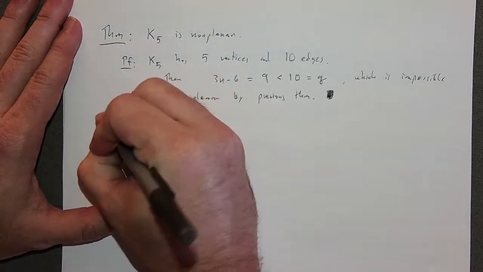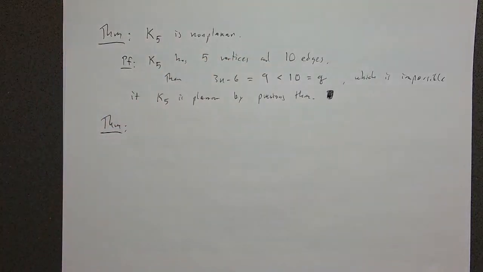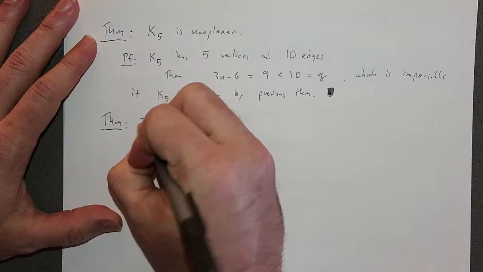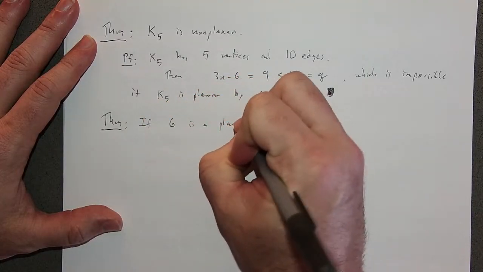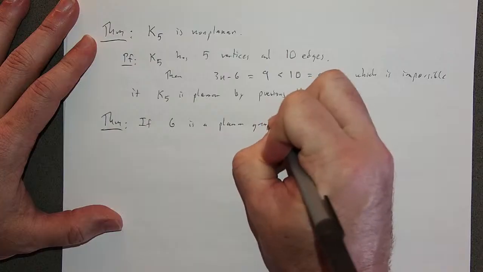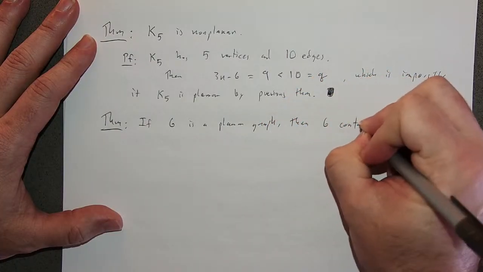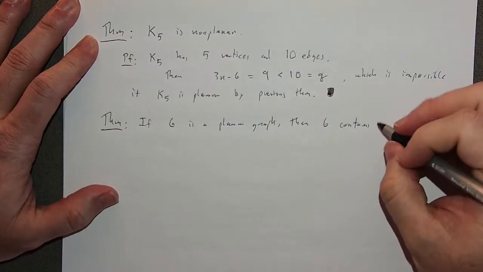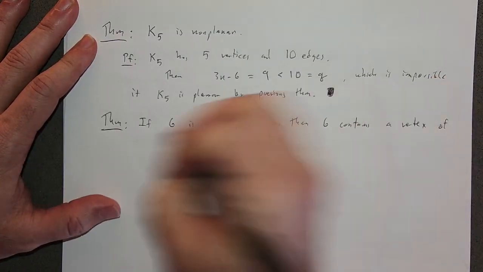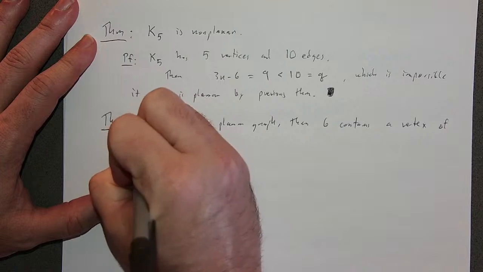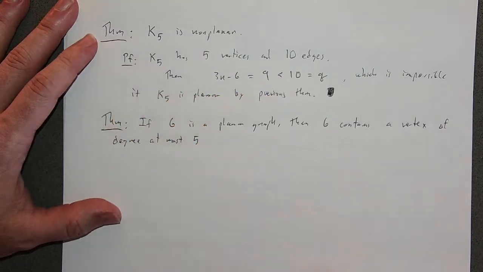Let's do one more theorem. So if G is a planar graph, then G contains a vertex of degree at most 5.